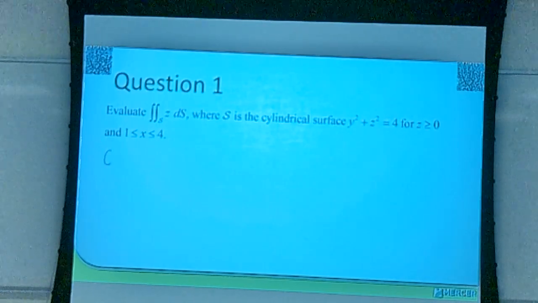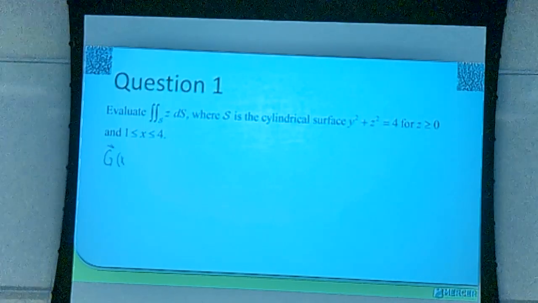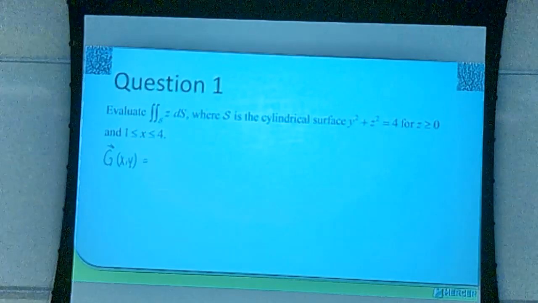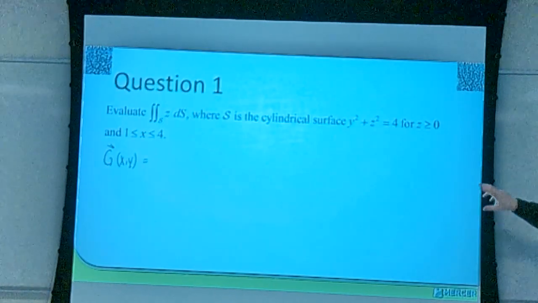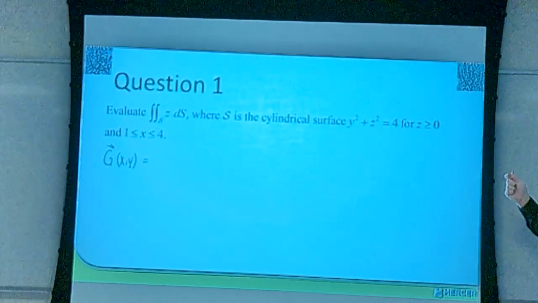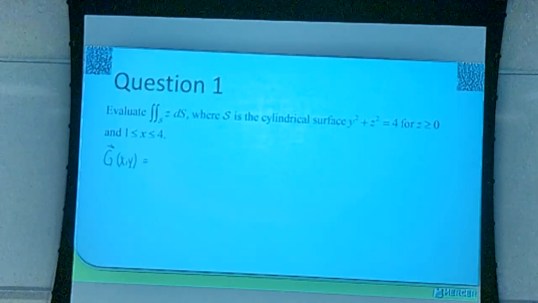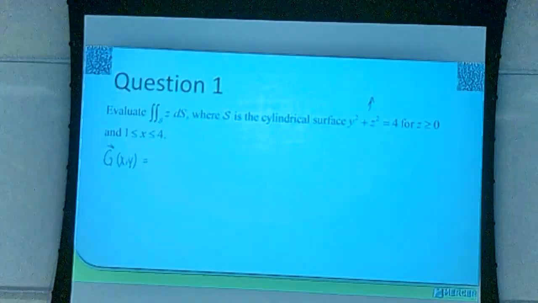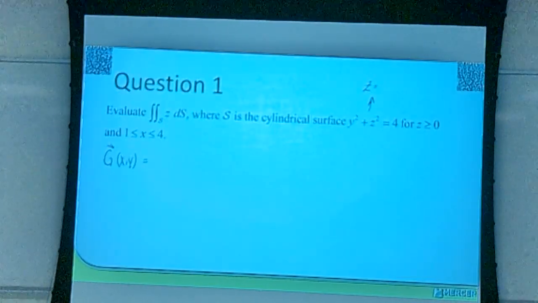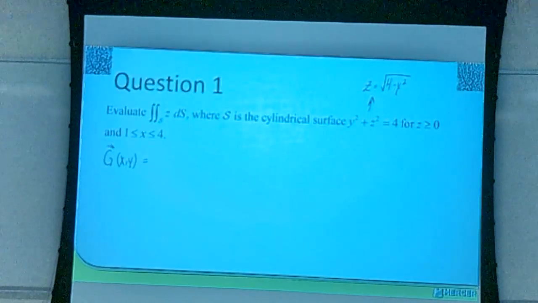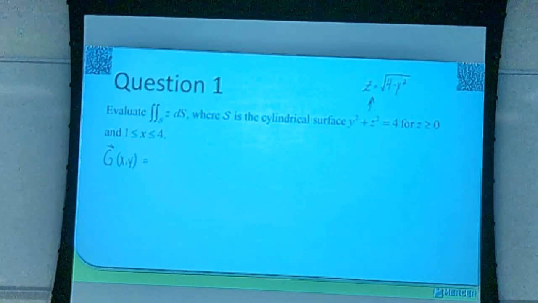We can parameterize the surface in terms of x and y because our surface can be written in the form z equals little g of x, y. In this case, z would be the square root of 4 minus y squared, because z has to be non-negative.